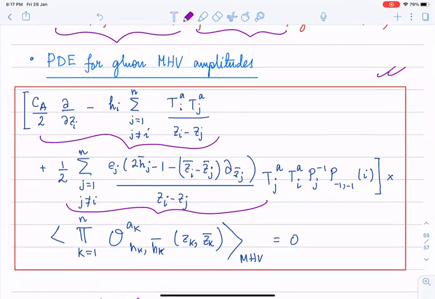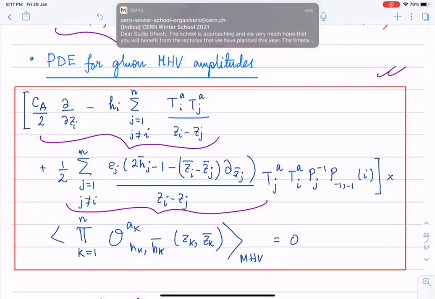It is because your scattering amplitudes satisfy the subleading soft gluon theorem that you need to have this extra piece.